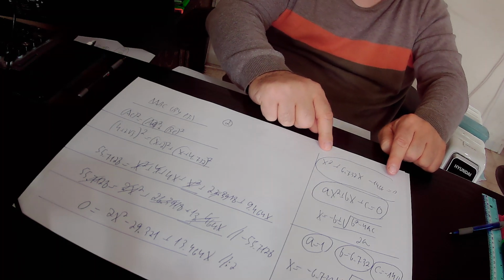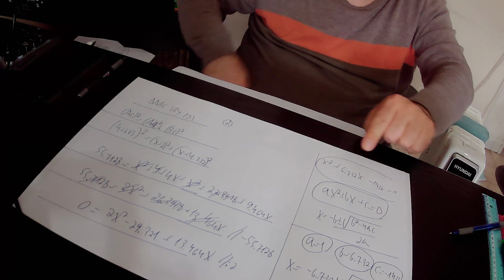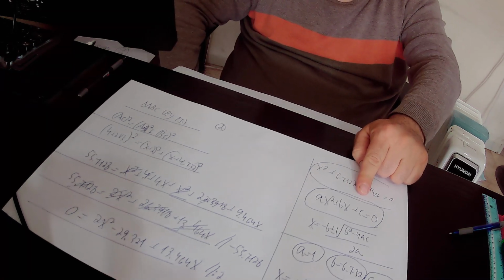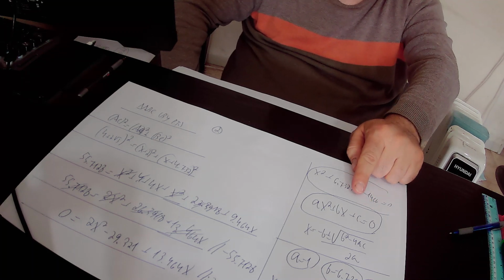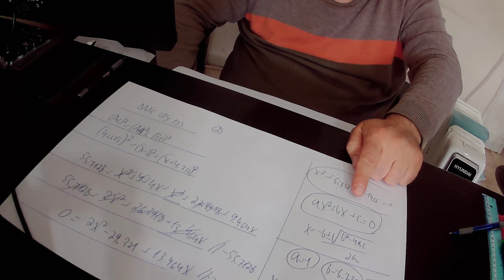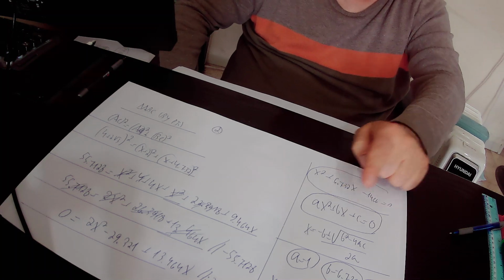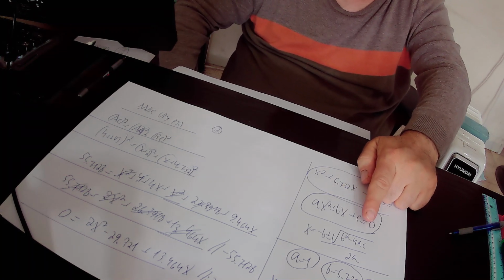So this is the quadratic equation, and the general formula for a quadratic equation is ax squared plus bx plus c equals 0. A, b, and c are the coefficients of the quadratic equation, and x is the variable that we are looking for. We find the value of x according to the following formula: x equals minus b plus or minus square root of b squared minus 4ac, over 2a.